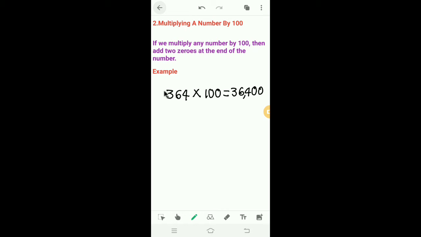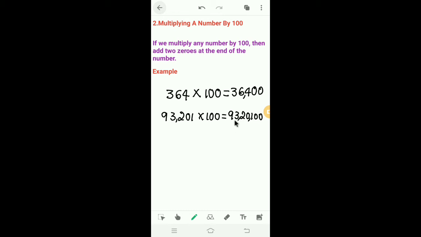Let's take one more example. 93,201 into 100 is equal to, write given number as it is, that is 93,201, and add two zeros at the end of the number.